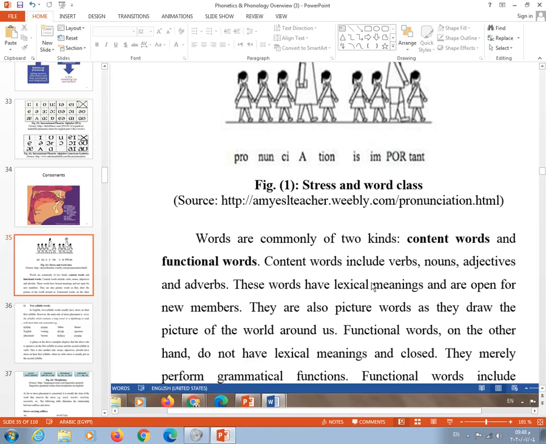In order to talk about stress, we have to take into consideration how it sounds from two perspectives. The first perspective is that of the listener, and the second, that of the speaker.